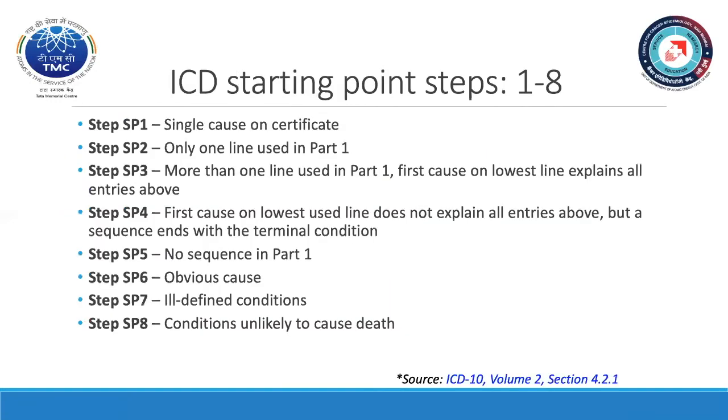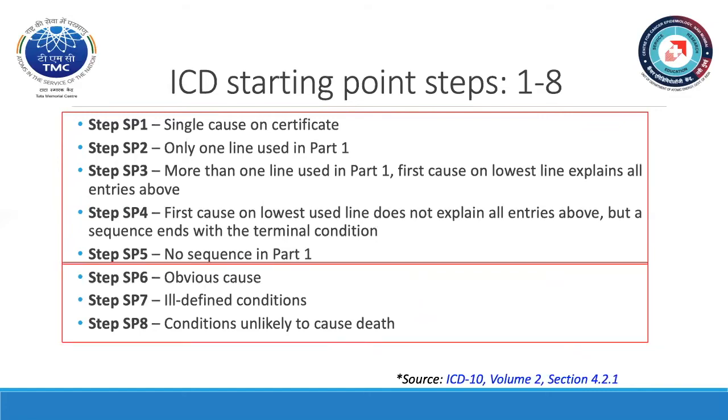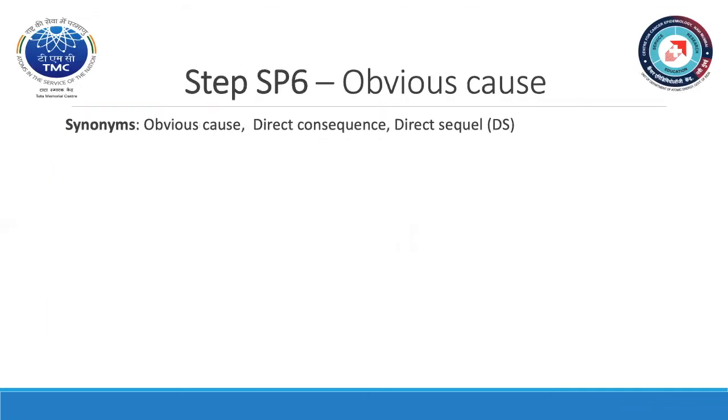The first, that is steps SP1 to SP5, allows for the selection of a tentative starting point, and the second, steps SP6 to SP8, allow for reselection if necessary of a new tentative starting point, both before modification using steps M1 to M4. Remember, when we completed steps SP2 to 5, the following instruction was, next go to step SP6. Let's look at step SP6, obvious cause.